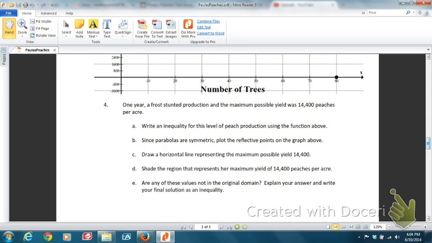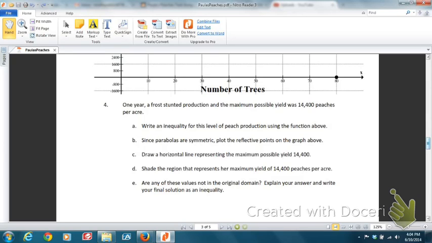Number 4 says 1 year of frost-stunted production and the maximum possible yield was 14,400 peaches per acre. Now, what that means is that you couldn't have any more than 14,400 peaches.